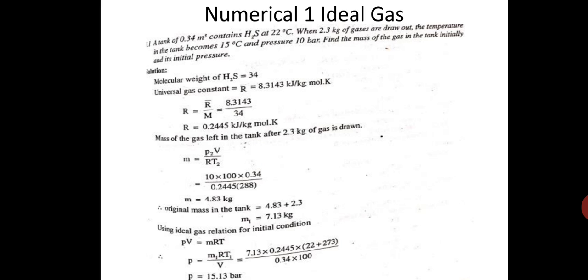P is equal to, for condition 1, M1 R T1 divided by V. So M1 is the mass we found, 7.13, R is 0.2445, T is again 22 plus 273 in Kelvin, divided by volume. Volume is 0.34.